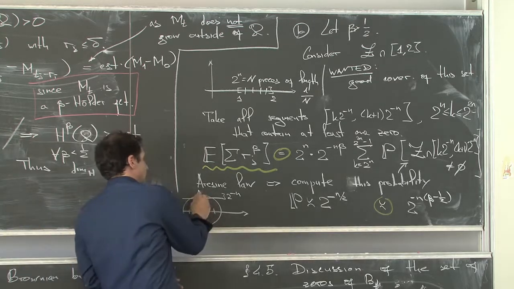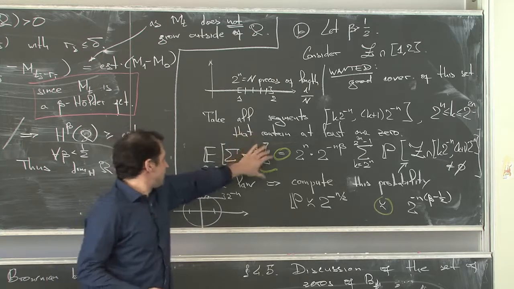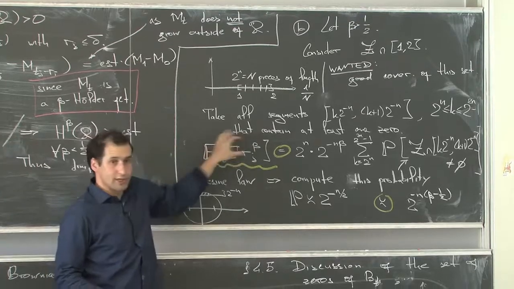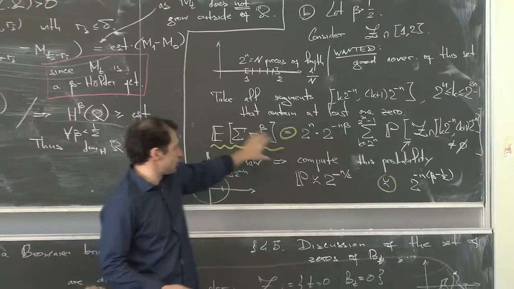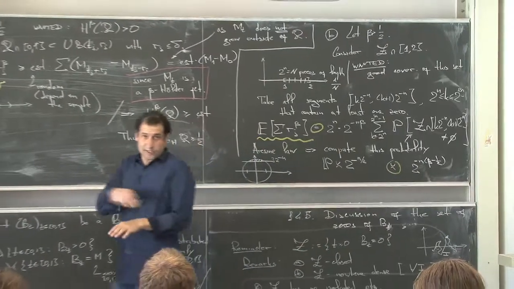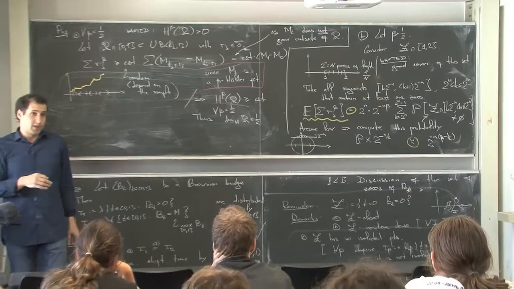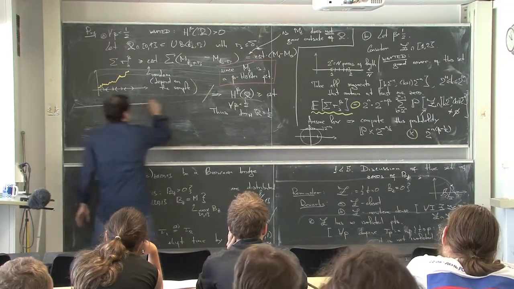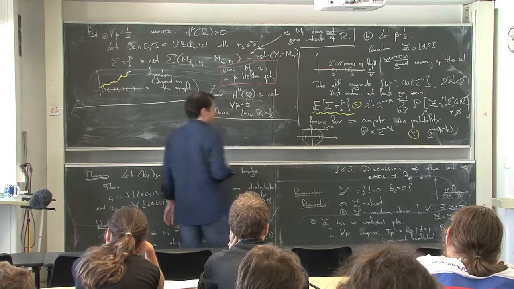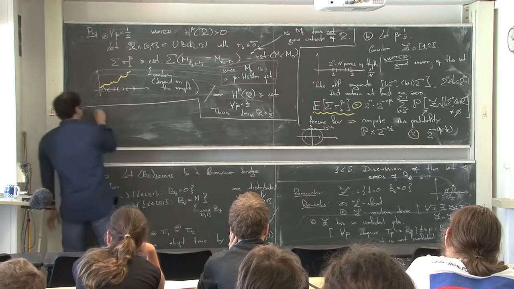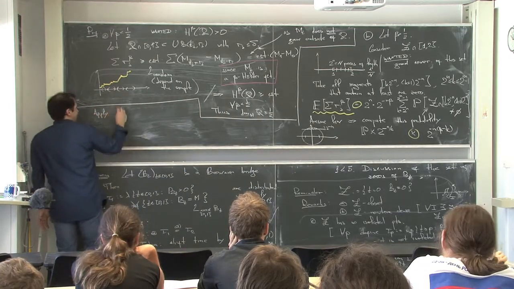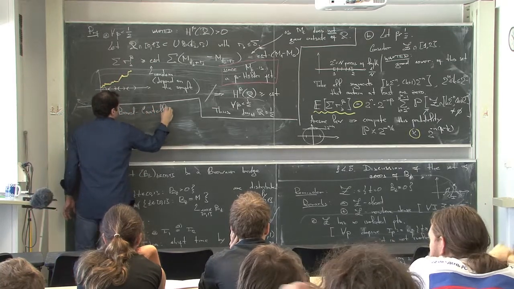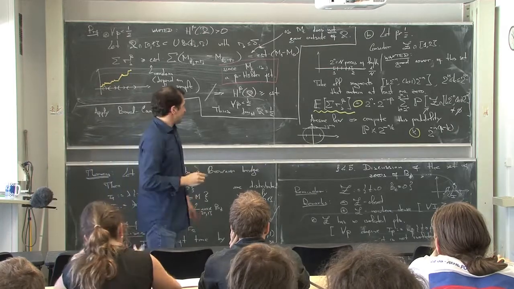So this is the expected value of this sum that I should estimate. Okay? And it decreases very fast. It decreases exponentially. And the rest is absolutely standard. So now apply Borel-Cantelli to this.